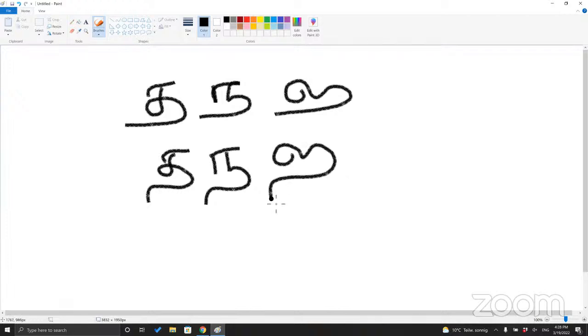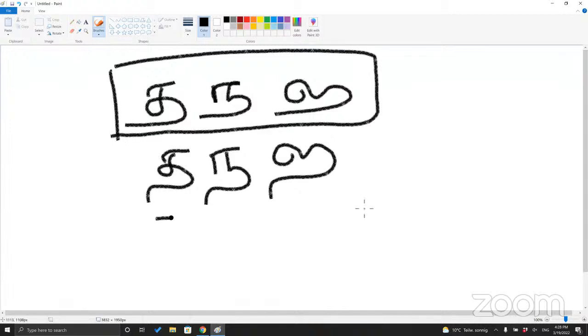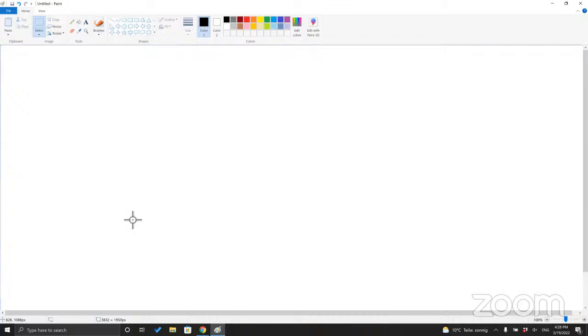In print, mostly you'll find like this, but in writing, you can write like this. It's fine. Right? It looks prettier that way. So that's pretty much it to complete the basic consonants and vowels, right? We'll try to write it one more time together so that we'll remember everything together.